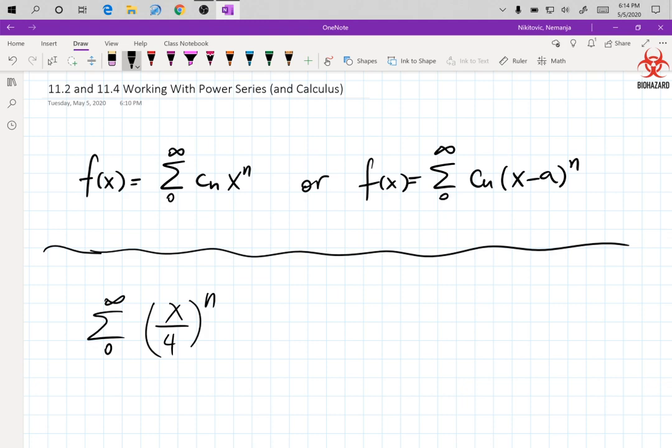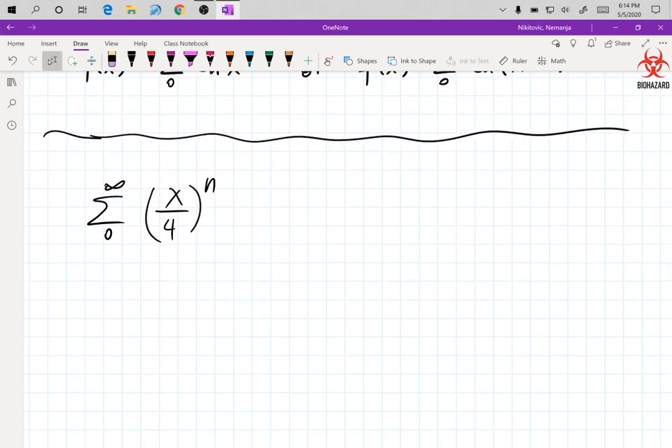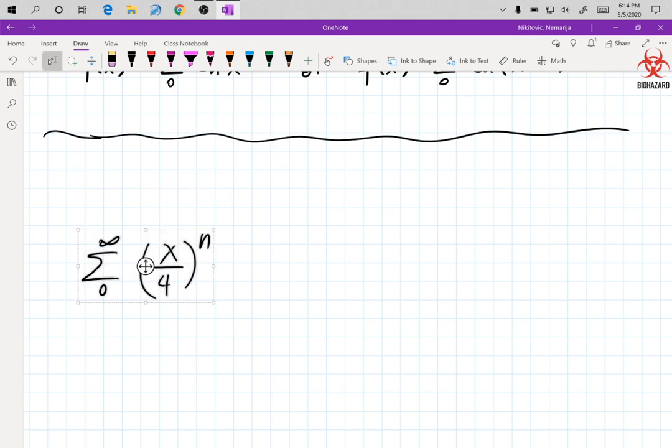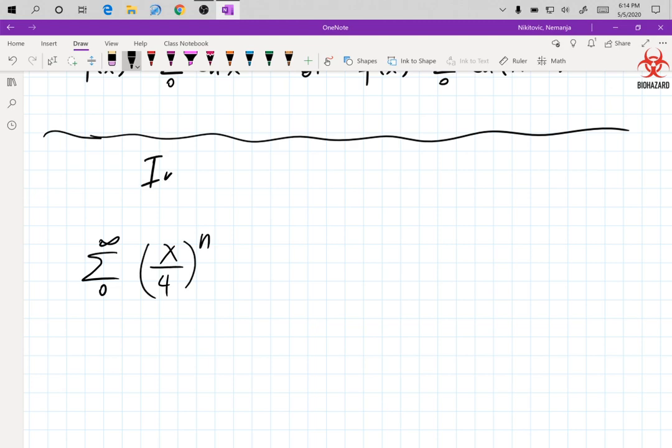So this could be a standard example or so on. But what is happening here? Let me actually move this down and put a title, because we are going to do a couple of different concepts here. So now we're talking about interval and radius of convergence. All right.